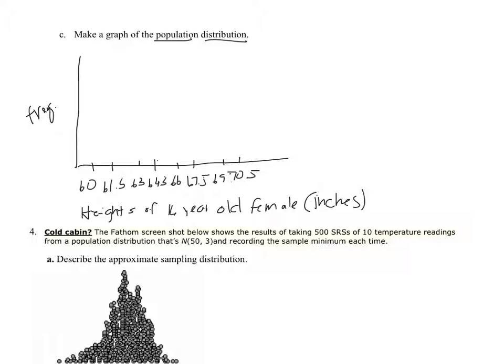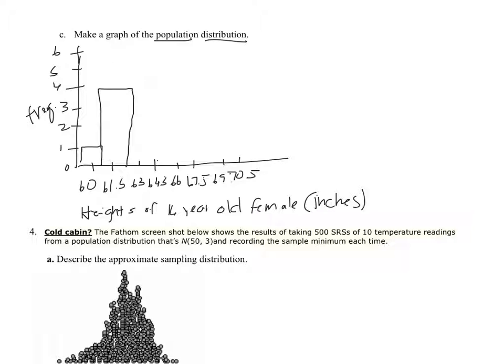So we need to go up 0, 1, 2, 3, 4, 5, 6, which should be about good. And then we just count how many people we have between 60 and 61.4. That would be just 1, and then keep going, and that would be 4. Just like we did back in chapter 1 or chapter 2.